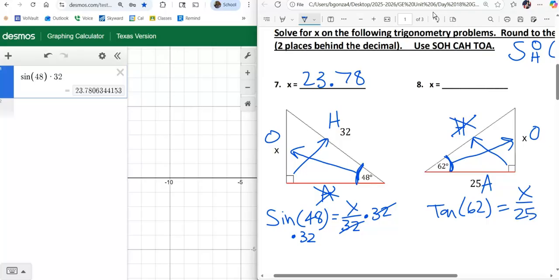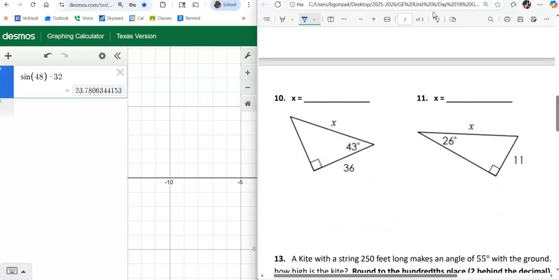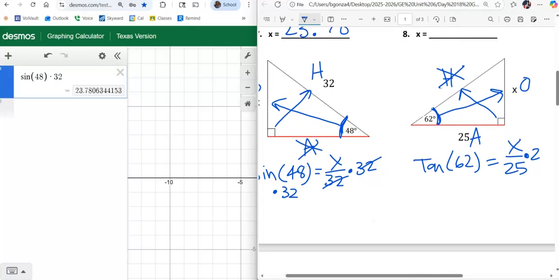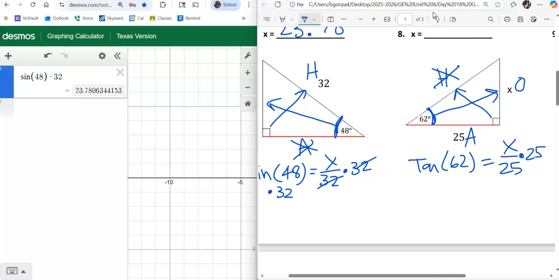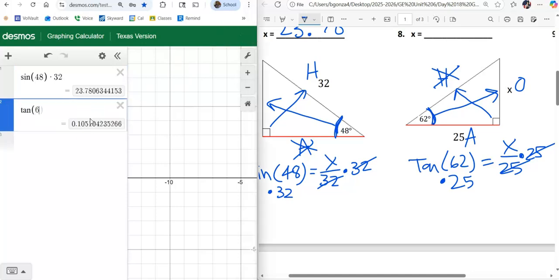And just like last time, when X is on top, to get rid of a divided by 25, you do times 25. Times 25. Scratch those out. Tan 62 times 25 gives you 47.018, which rounds to 47.02.